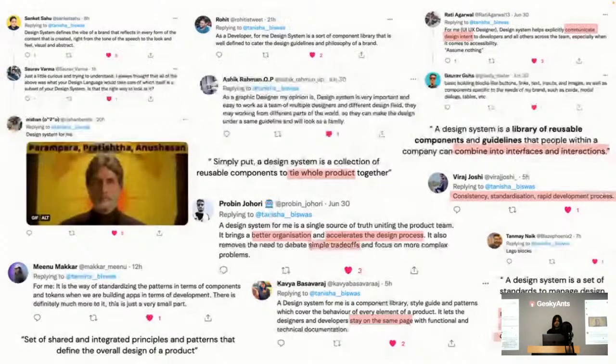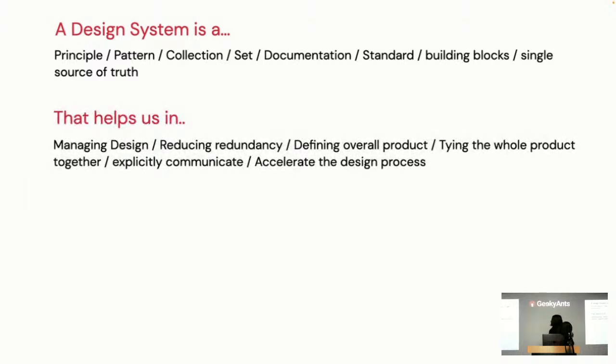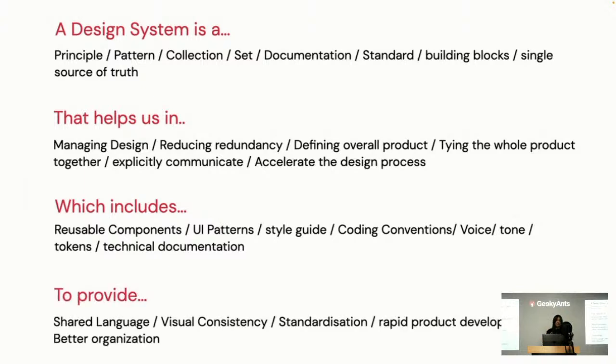Now, combining these keywords, I've tried to curate a very open-ended, inclusive way of defining a design system, which goes something like this: a design system is a principle, pattern, collection, set, documentation, standard, building blocks, single source of truth that helps us in managing design, reduce redundancy, define the overall product, tying the whole product together, explicitly communicate, accelerate the design process, which includes reusable components, UI patterns, style guides, coding conventions, voice, tone, tokens, technical documentation, and to provide us a shared language, visual consistency, standardization, rapid product development growth, and better organization.